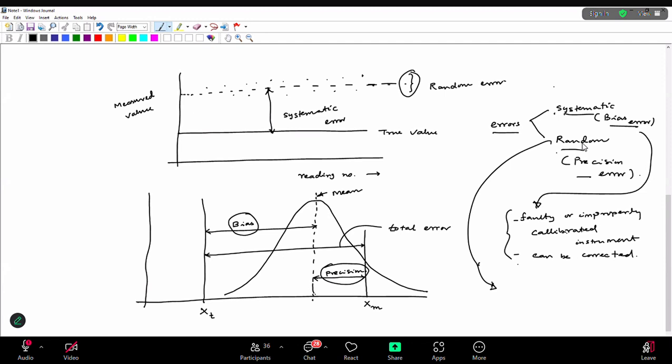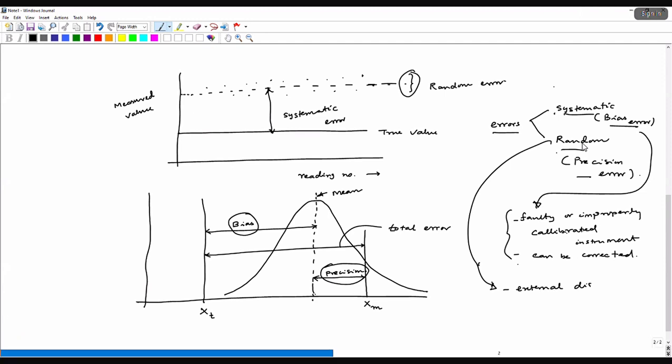So this is typically because of external disturbances which are inevitable during measurement. No matter how much care you take, there is always going to be some disturbance, and you cannot correct for random error because it occurs randomly and you have no control over it.